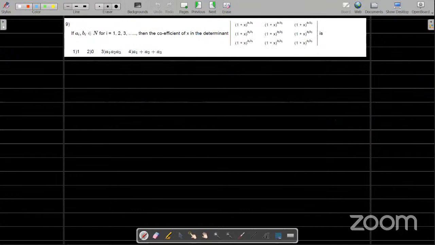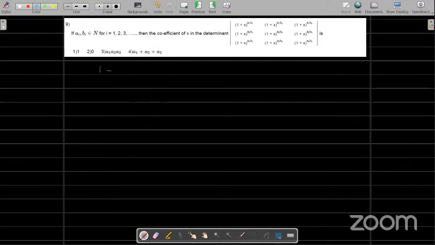Okay, for the next problem, ai bi is some natural number, then the coefficient of x in the determinant. Okay, so this is a very interesting problem where there is a binomial expansion provided here, right? So the coefficient of x in the determinant.